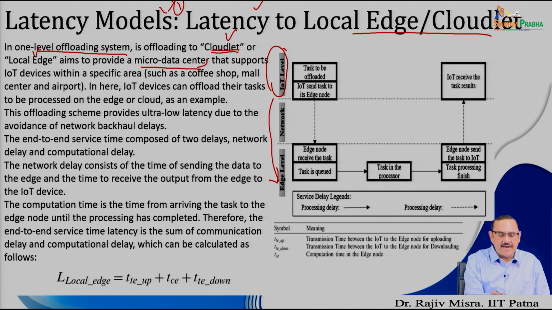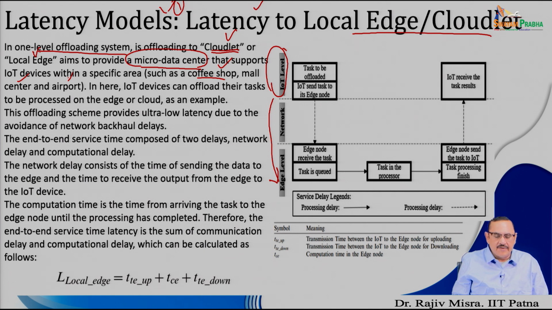Now, we have to understand where this cloudlet or local edge you will find operating. You might have seen, if you have visited an airport or a shopping mall, different coffee shops or a mall center, or in the airport a lot of shops, and they often require a very high speed of computation.